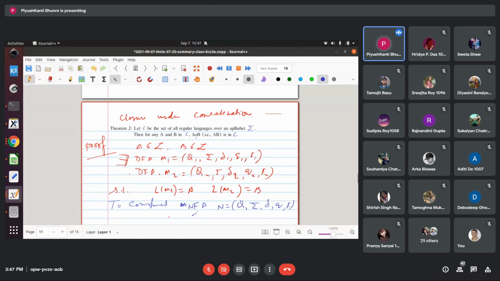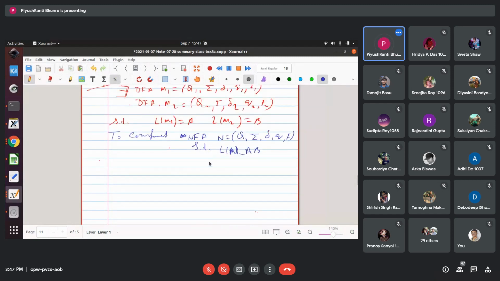So this one such that L of N equal to AB. Okay, so concatenation. If you want to put a small circle there, that is also fine. So how to do that? Let me give you the figure, the diagram. It will be easier to understand.